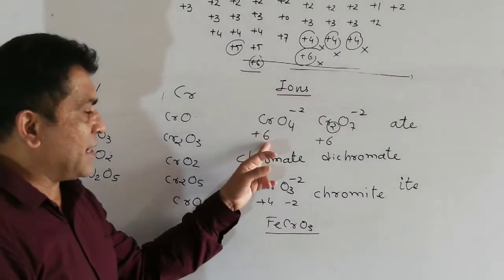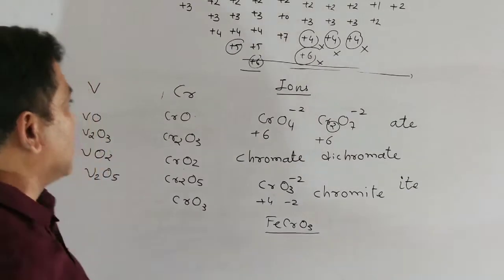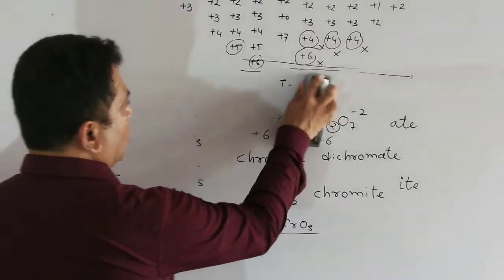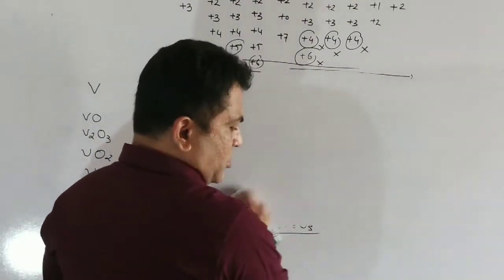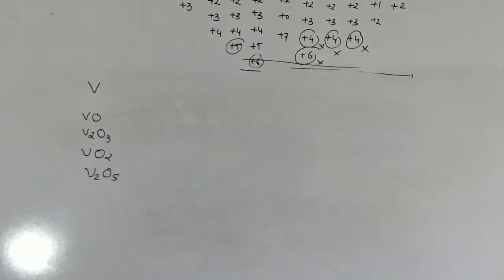So chromate, dichromate and chromite are the ions formed due to Cr. Whether these produce positive ions or not, we can also discuss, but here no discussion of the positive ions of chromium is taken, so we will not bother about this.